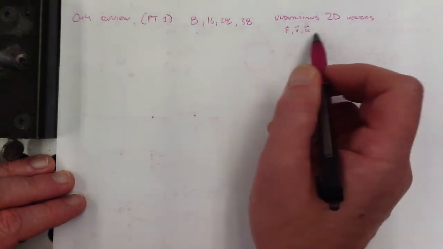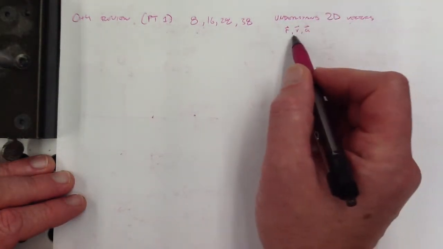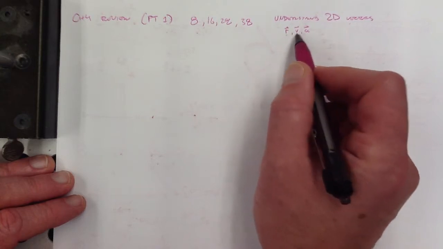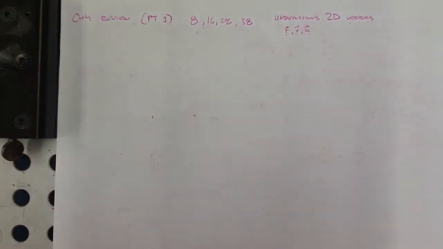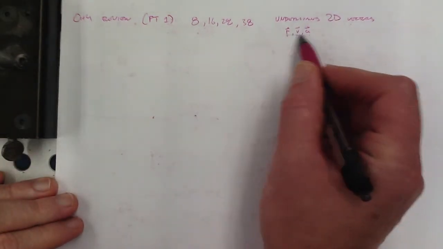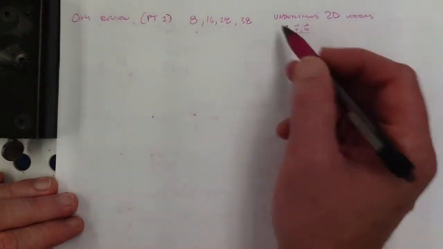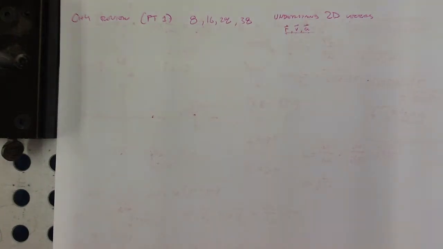Understanding how to work with the i's and the j's, and how to do things like, oh, the velocity is the derivative of this, how to find average acceleration, for example, that we found in number 68 in the assignment immediately preceding this one. So all that vector kind of stuff.